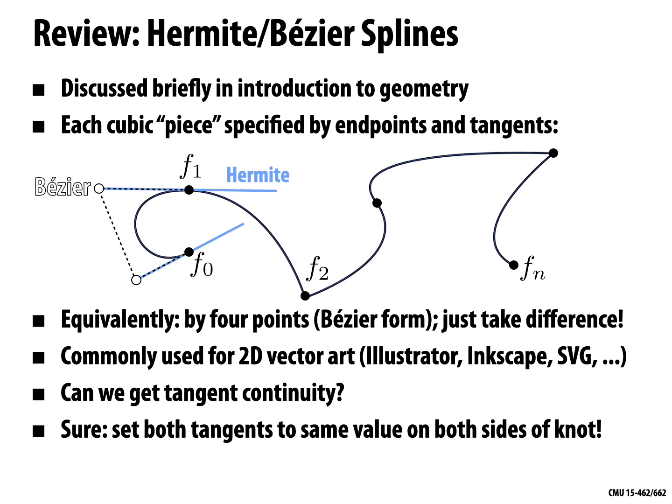We just set the tangents to the same value on both sides of the knot, just like we did for our natural spline. So for instance, in the picture above, at the point F1, we have tangent continuity. At the point F2, we did not have tangent continuity. So we don't have to have tangent continuity with a Bezier spline, but we can easily get it. Okay?